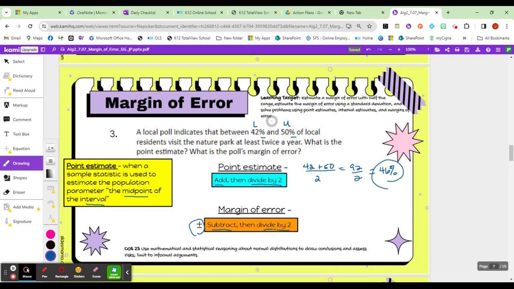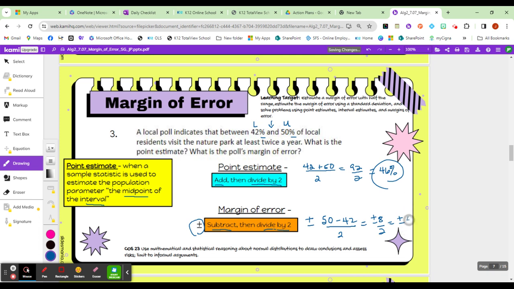That would be the middle between 42 and 50. My margin of error is going to be plus or minus, and here you always do the upper, the bigger number first, minus the lower, because you don't want a negative margin of error. Then we divide by 2. So that's plus or minus 8 divided by 2, which gives us plus or minus 4.